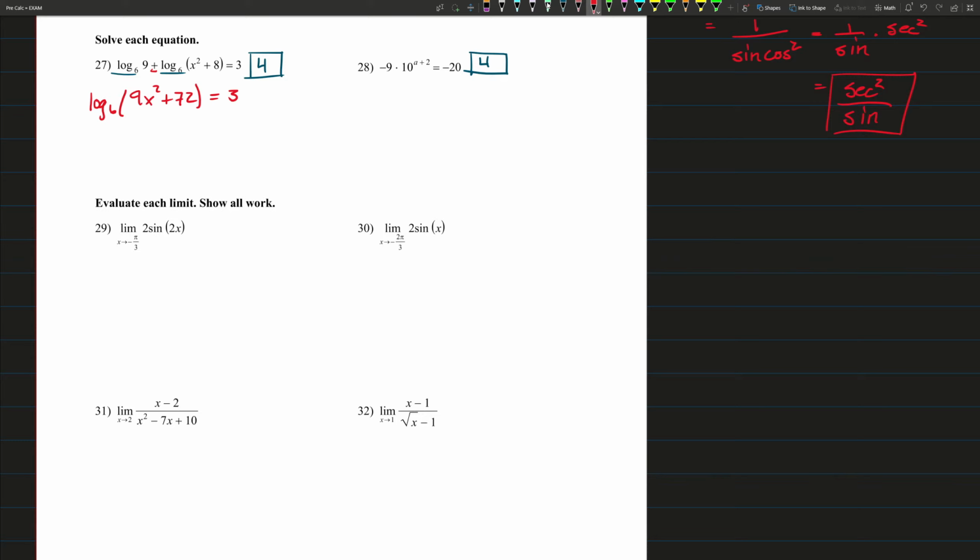In order to undo the log base 6, we take everything as an exponent of 6. And what we do to the left-hand side, we have to do to the right-hand side. Right, so these cancel. And we're left with 9x squared plus 72 is equal to 6 cubed on the right. 6 cubed is 216.